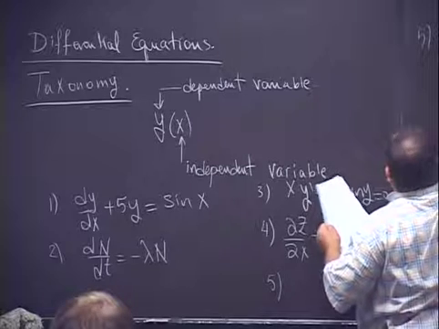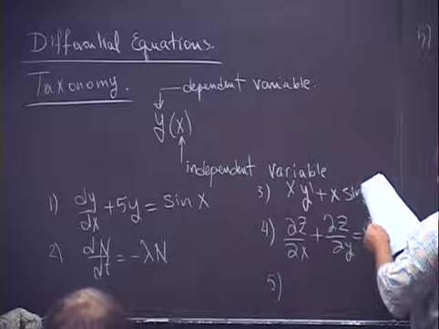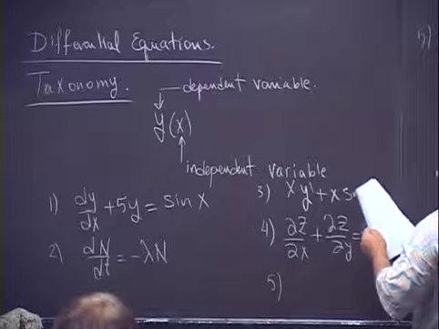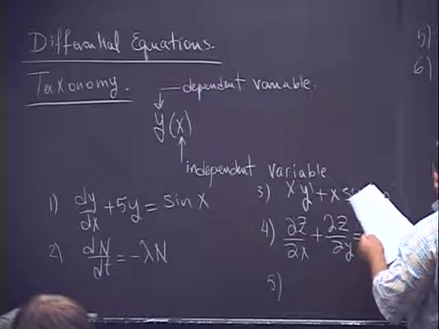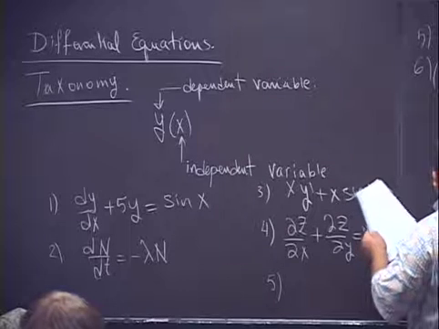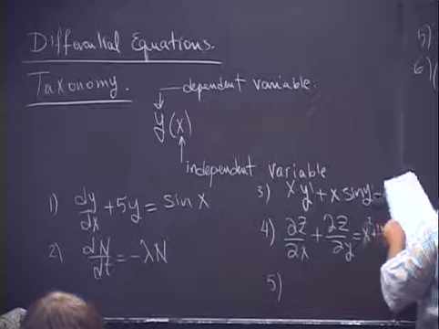Number 5 is (y double prime) cubed plus (y prime) squared plus 3y equal to x squared. Number 6 is (dy by dx) to the power of 3 halves plus xy equal to 0.